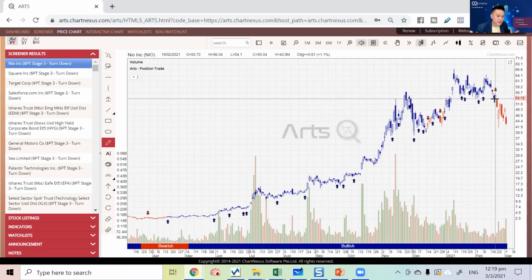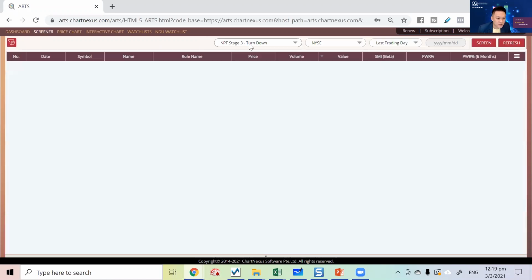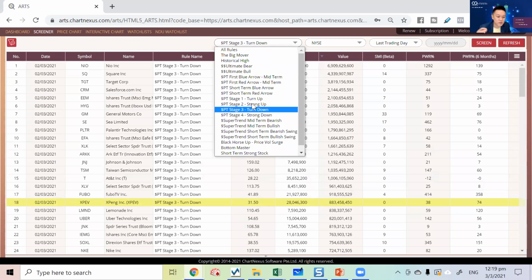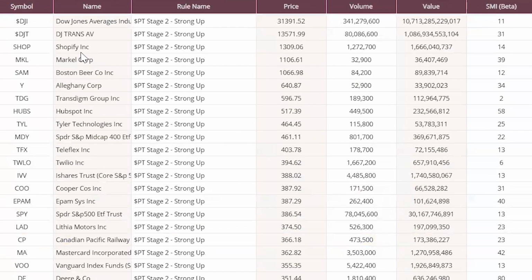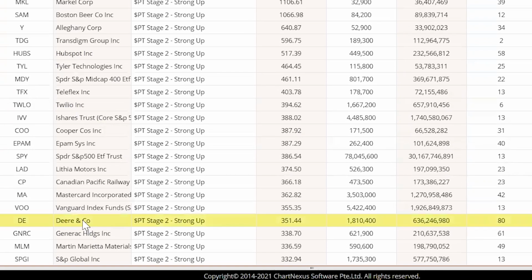This is how we analyze the market. Of course, there are still stocks that are strong, like Shopify, HubSpot, Twilio, and Deere and Co. These are still holding on.